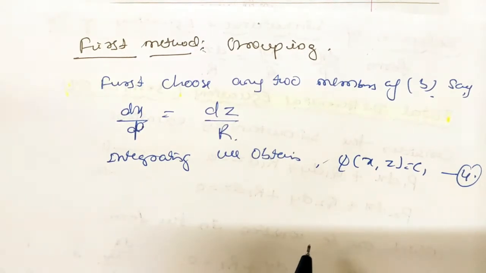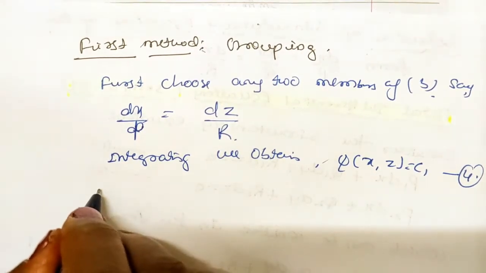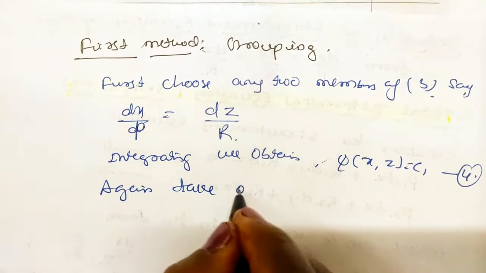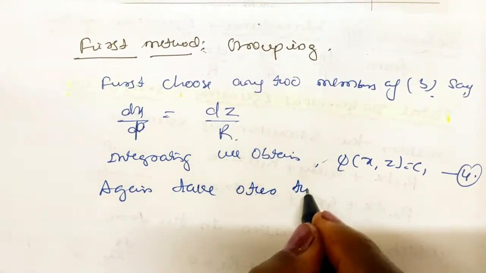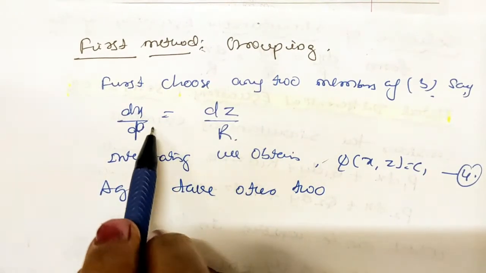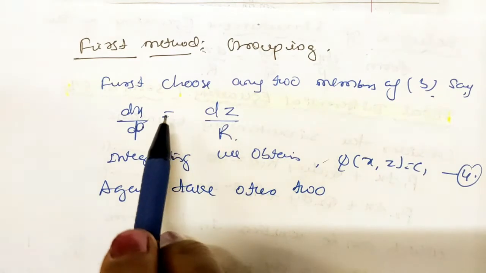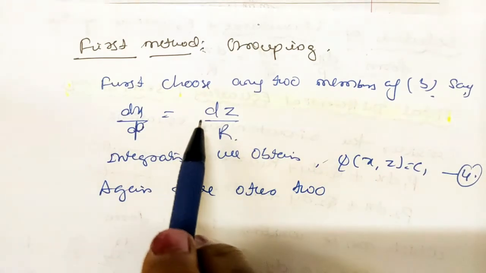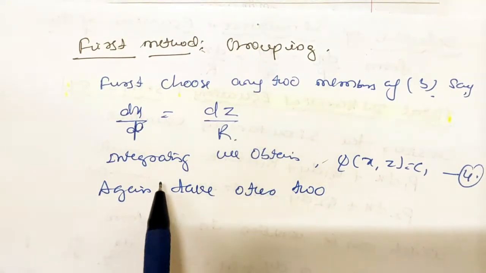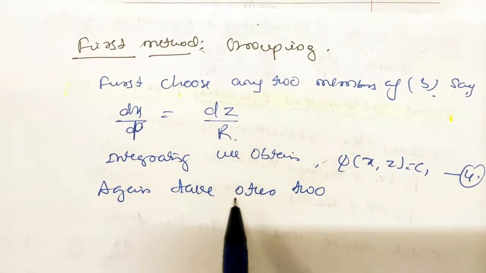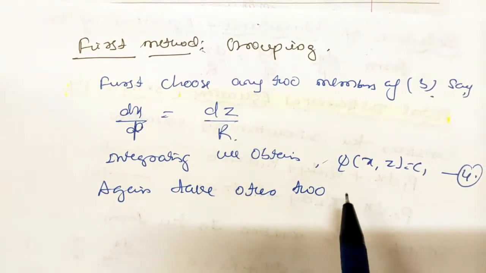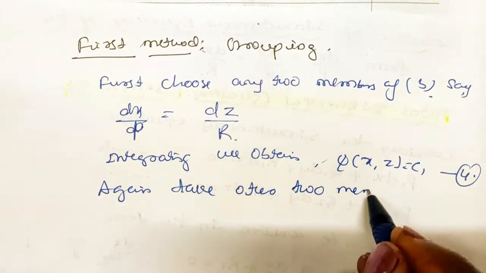Again we take two other members of equation 3. To make these groups, we have to separate the variables, so select those two terms for which the variables are easy to separate.